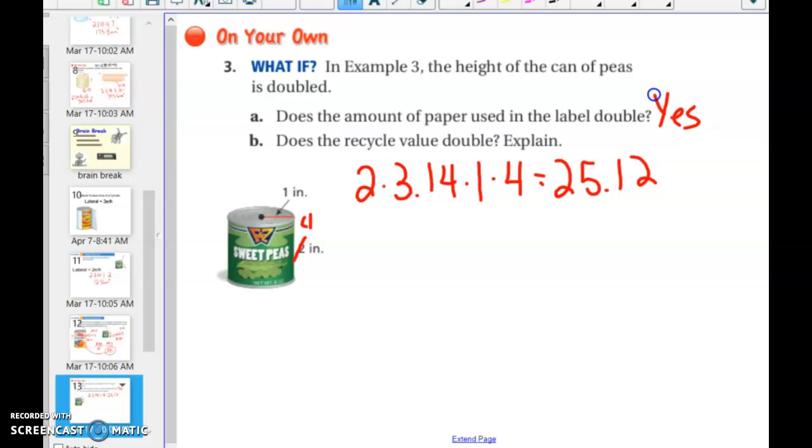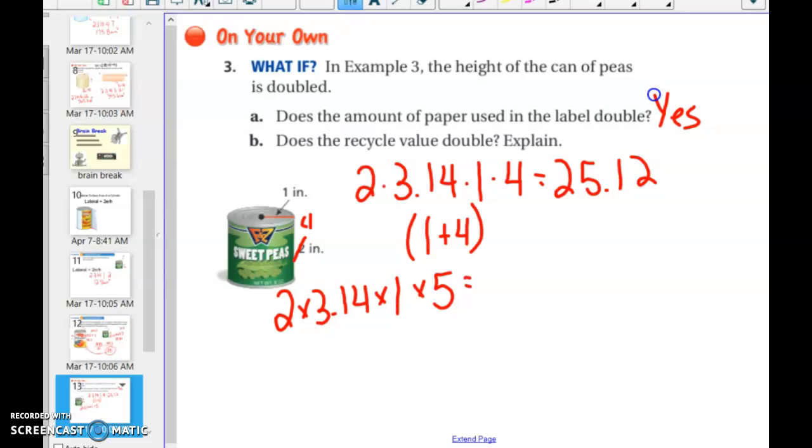Now the second question is, does the recycle value double? Well, that means I have to find the surface area of this can. So I'm going to have to do 1 plus 4 because I have a new radius and height, that's 5. 2 times 3.14 times 1 times 5 gives me my new surface area of 31.4.